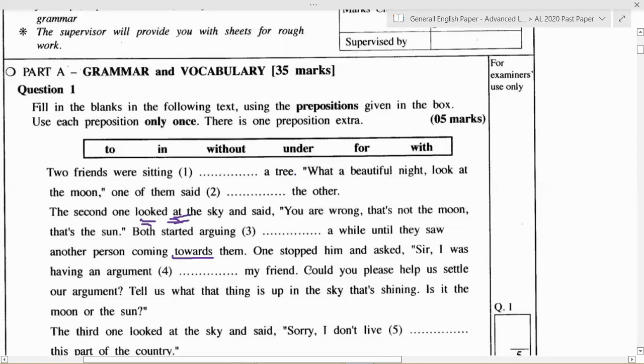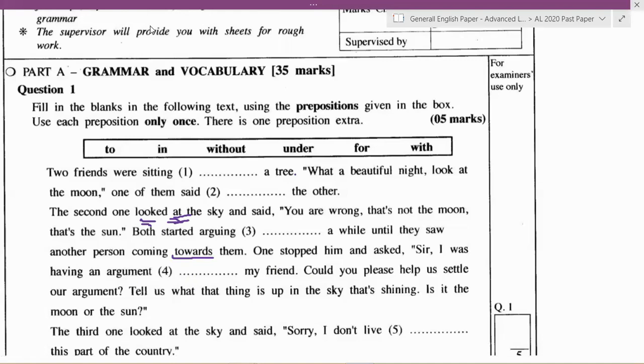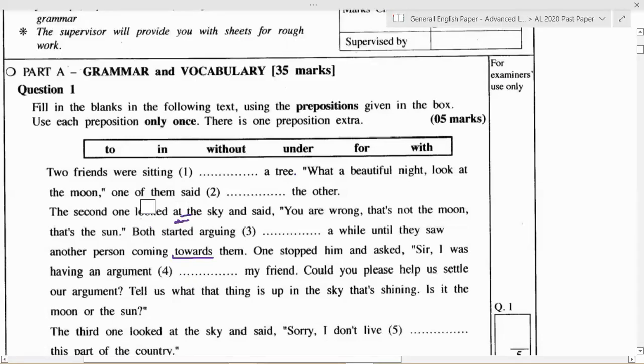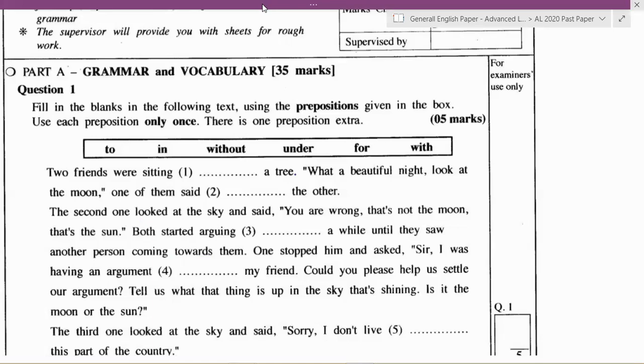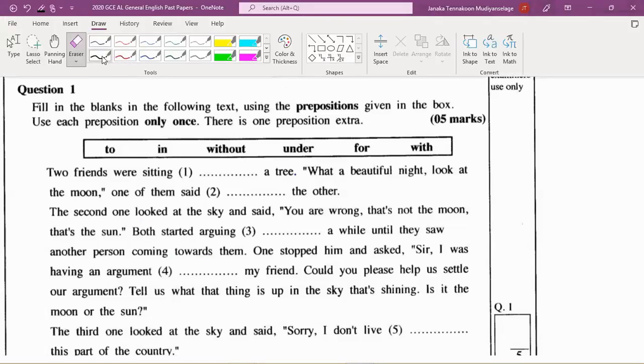Okay, one stopped him and asked, sir, I was having an argument blank my friend. The best thing to do is to start the question from here, answering. So I'm going to rub off what I have written here, then it's much clearer for you.